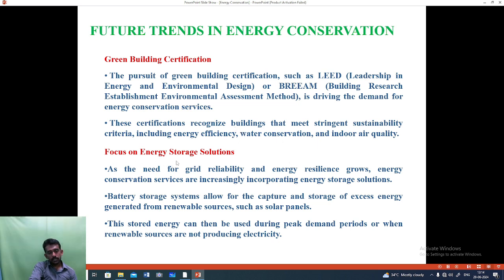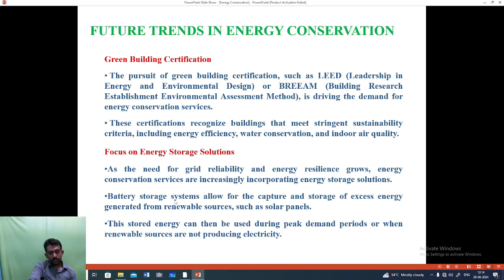So, focus on energy storage solutions. The present trend in conservation is focusing on energy storage solutions. This is one of the good topics as the need for grid reliability and energy resilience grows. Energy conservation services are increasingly incorporating energy storage solutions. Battery storage systems allow for the capture and storage of excess energy generated from renewable sources, such as solar panels.